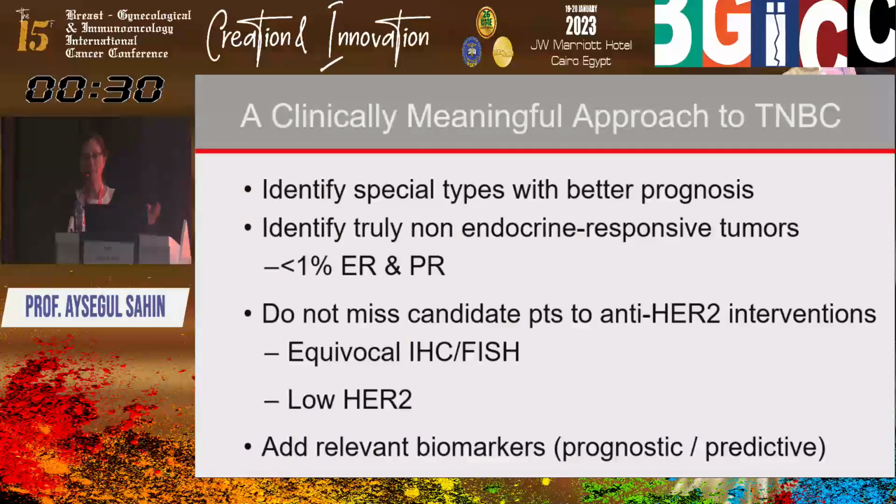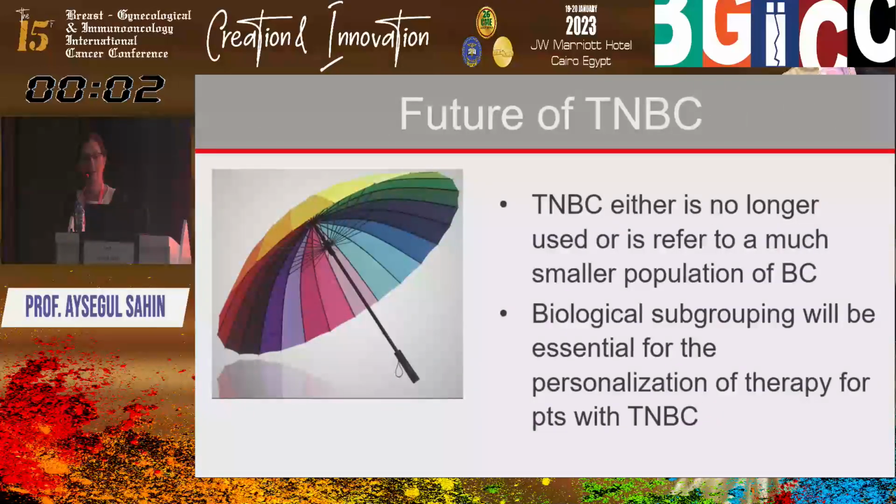Especially now with the definition of low HER2 and then specific treatment for low HER2, this basket of triple-negative breast carcinoma is probably going to be shrinking down a little. So we really have to add relevant biomarkers based on morphology and based on other features such as apocrine morphology and having a special genetic abnormality.